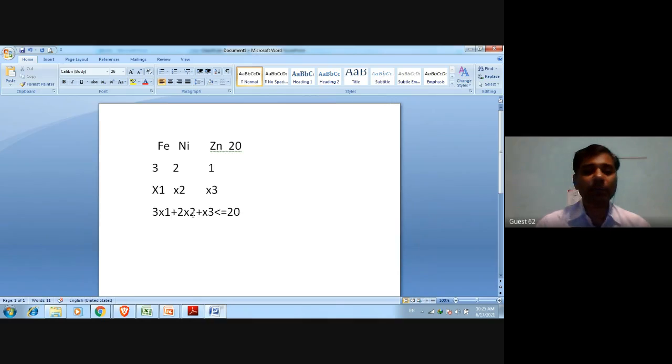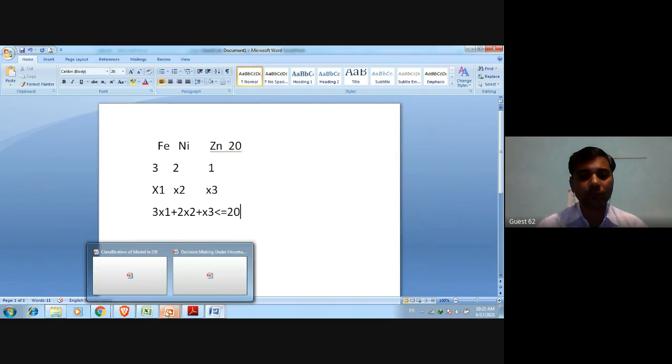So you will represent your problem or information in symbols. These are the symbols. Now you can solve this problem by using mathematical techniques.